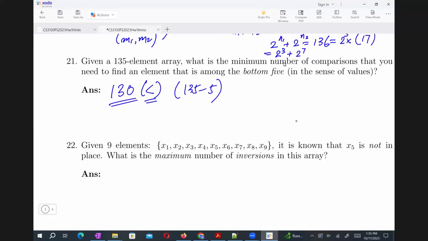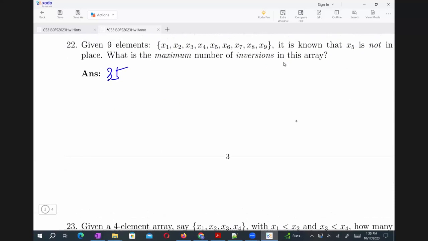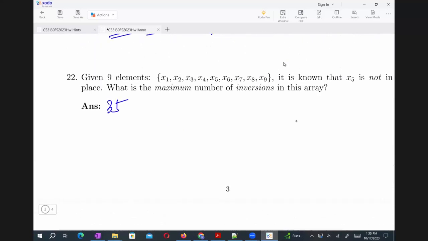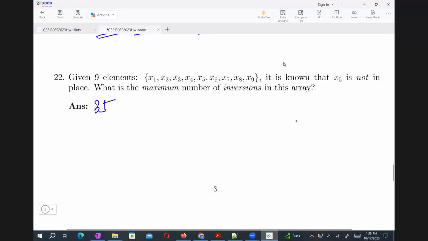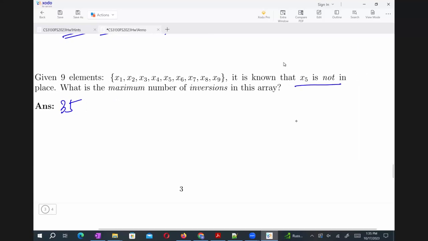Number 22, the answer is 35. Quite a few students didn't give me 35. Why 35? First, do not look at the condition that X5 is not in place. Skip that condition temporarily. If you skip it, the maximum number is 1/2 times 9 times 8, so you get 36.